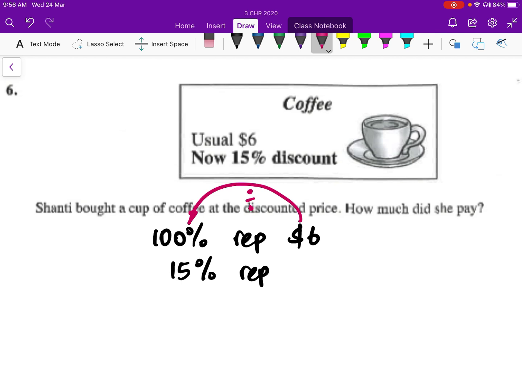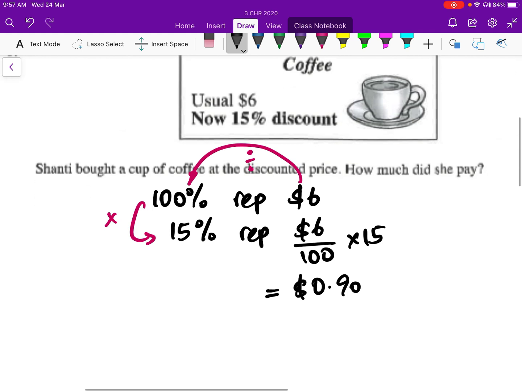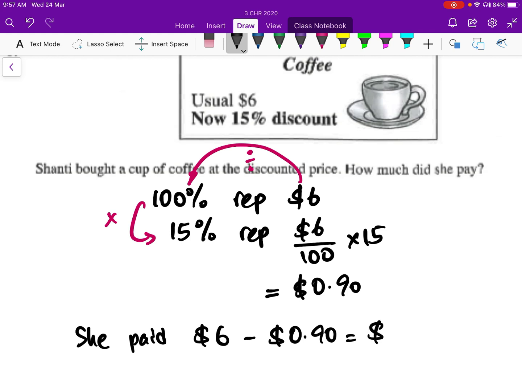Divide, multiply. So 6 over 100 times 15. The discount is 0.9. 90-cent discount. So how much did she pay? She paid $6 minus 0.90, which is $5.10.